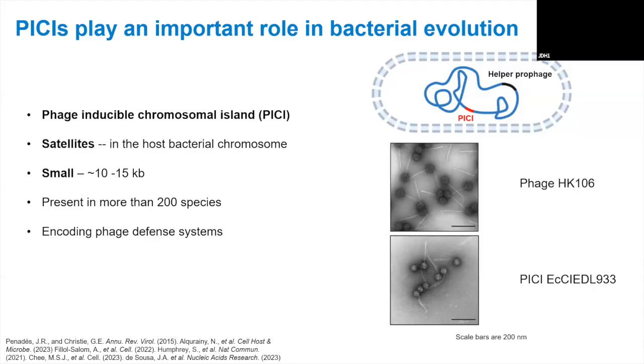Some PICIs will hijack the packaging system of their helper phage. Then the helper phage will lyse the bacteria to release the PICI particles, and the PICI particles will have a chance to infect a new host. So this is a phage particle, and this is the smaller PICI particle.